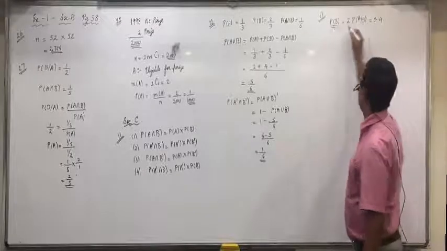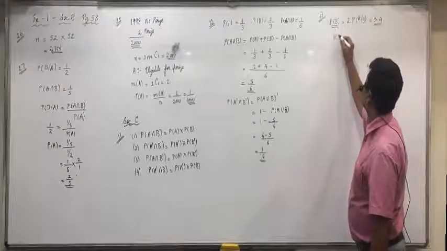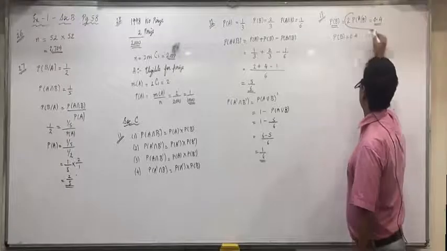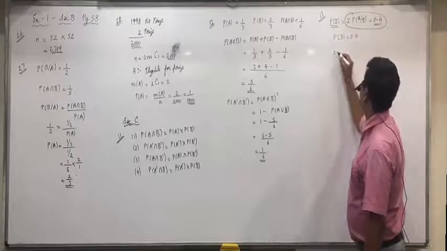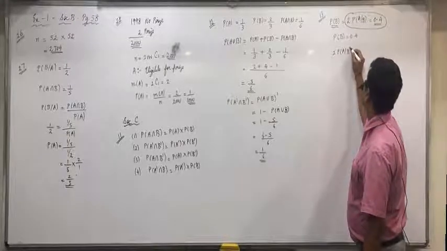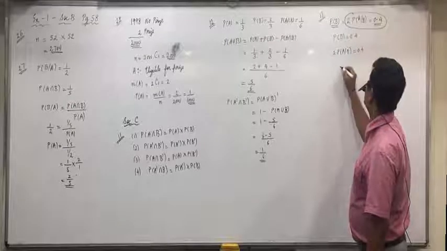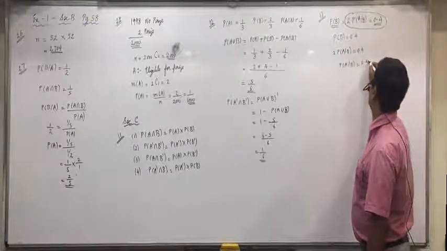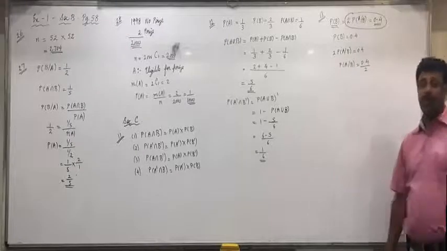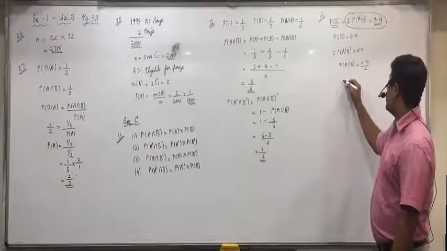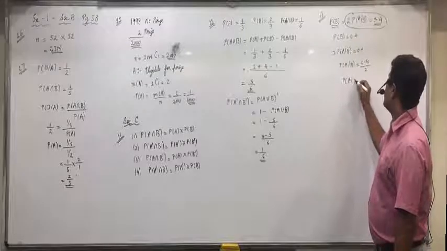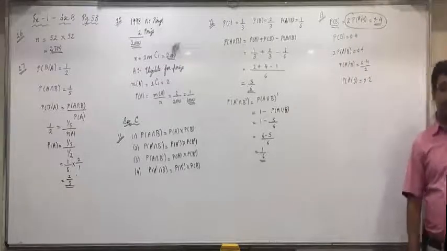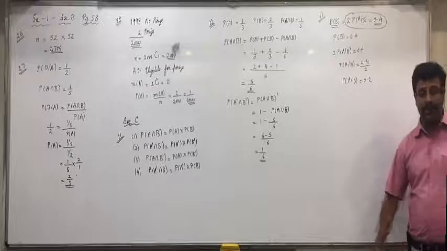P(B) is directly equal to 0.4, and 2 P(A|B) is equal to 0.4. If you bring 2 on the other side, what will be P(A|B)? 0.4 upon 2, that is 0.2. Now applying the formula of A given B, we can get A ∩ B. Is everyone clear with this?